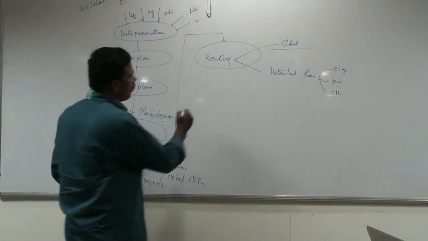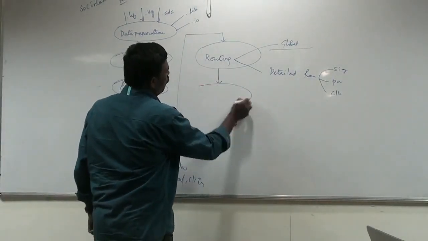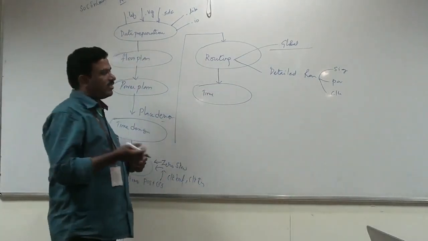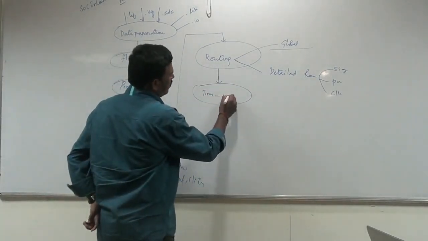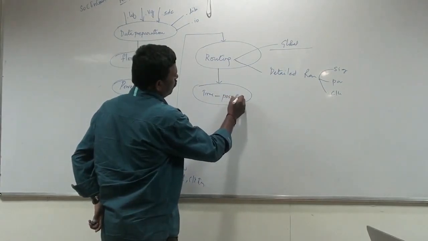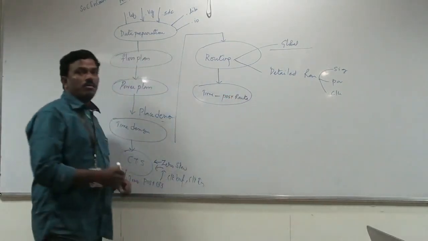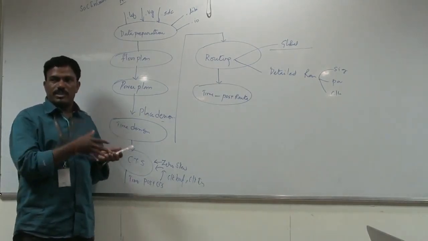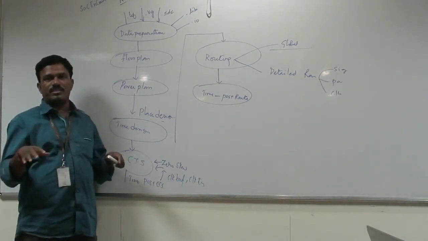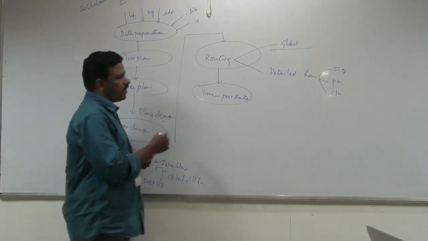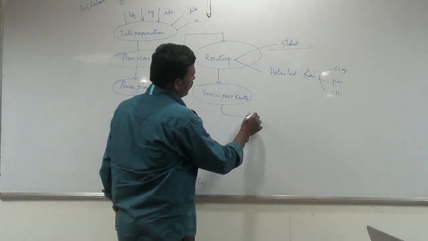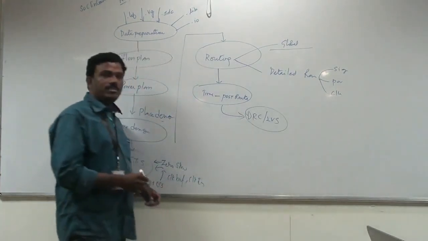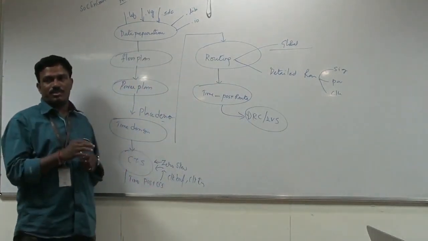Once routing is achieved, we again check setup and hold violations. At this stage, the STA is called post route static timing analysis. Once setup and hold violations are not there, send your design details to the DRC LVS fellow.